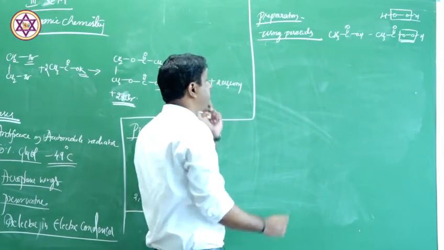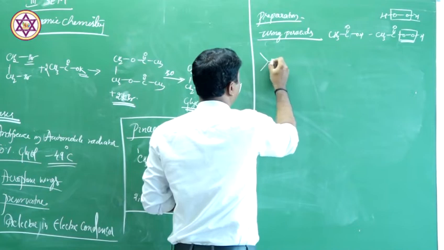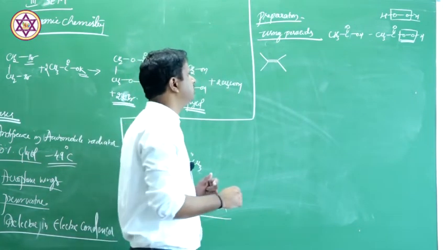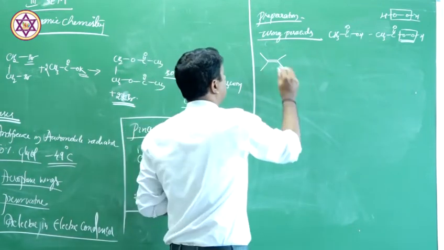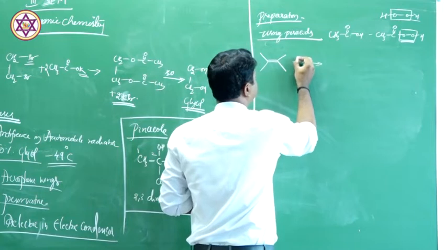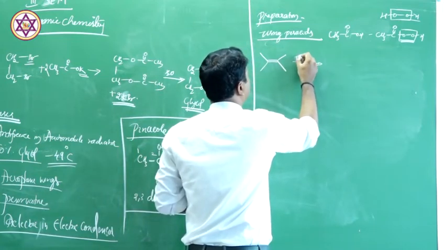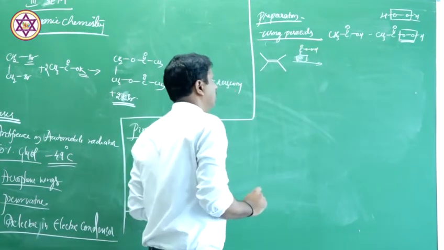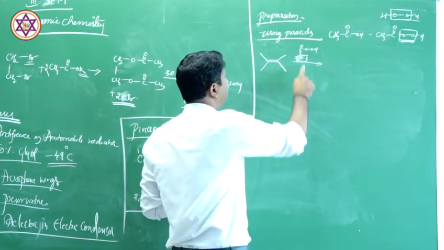So what happens? You take an alkene. In this case, we are taking this alkene, 2,3-dimethylbut-2-ene, and we are treating it with peracids, especially perbenzoic acid.